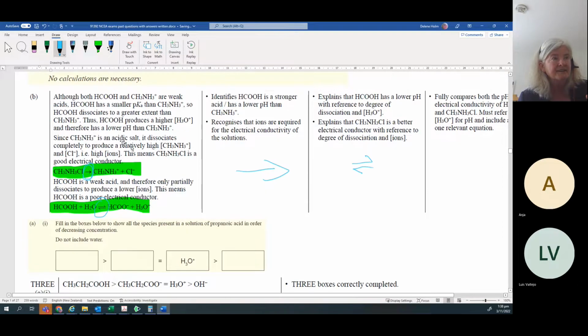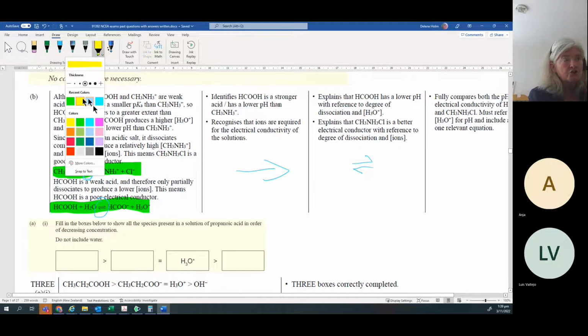Notice they clearly state, by the way, the square brackets mean concentration of. So if you don't want to say this one is a higher concentration and this lower concentration, and keep writing out the word concentration, it is an accepted abbreviation to use square brackets.